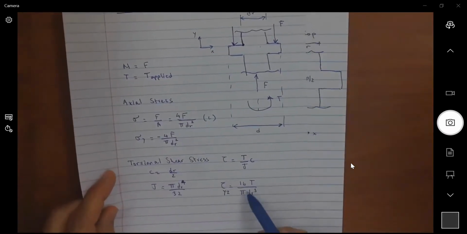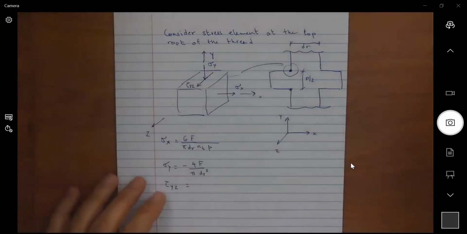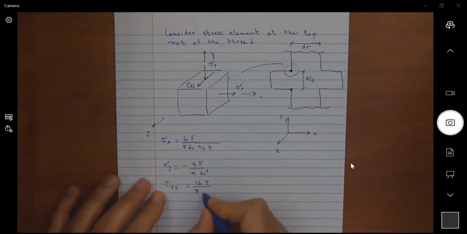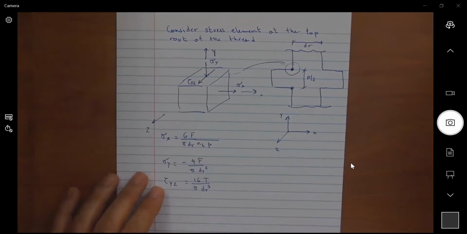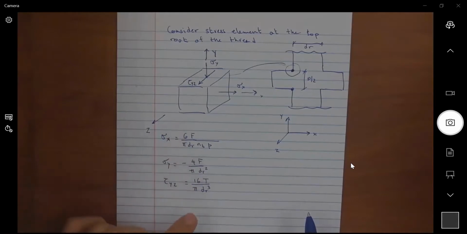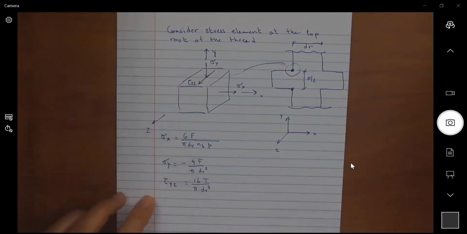So it is equal to 16T divided by pi dr cubed. So knowing the load F and knowing the torque that is needed, we can calculate these three stresses.